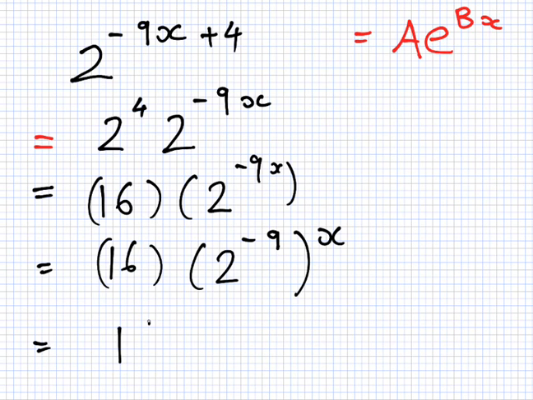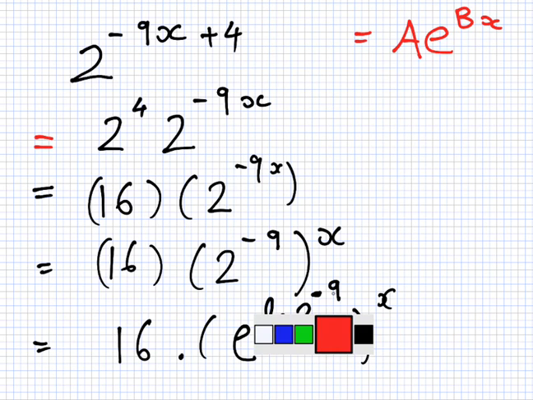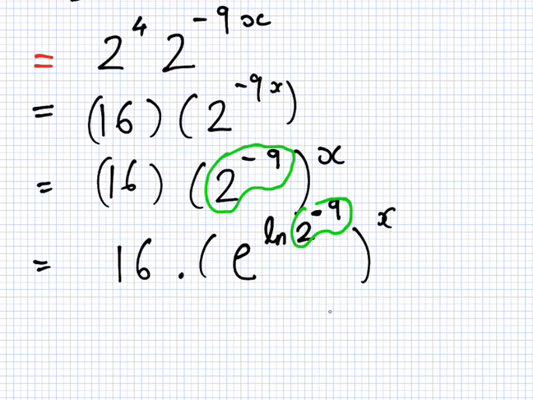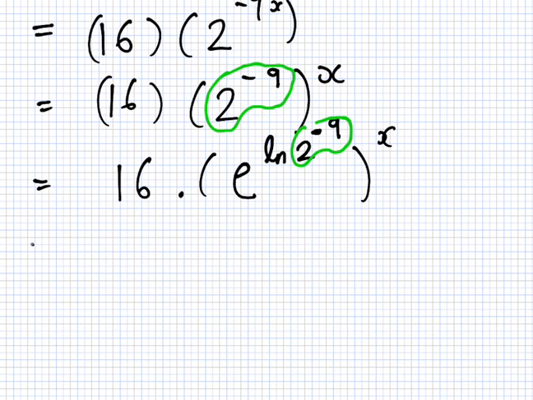I can change this into 16 times e^(log 2^(-9)). What I did was put an e and a log in the front. The e and log cancel, so I haven't really changed it. If you type in e^(log 2^(-9)) on your calculator, you get 2^(-9). I can clean this up a bit.